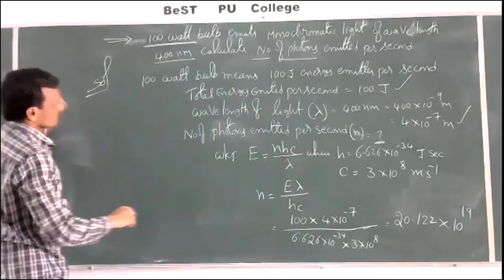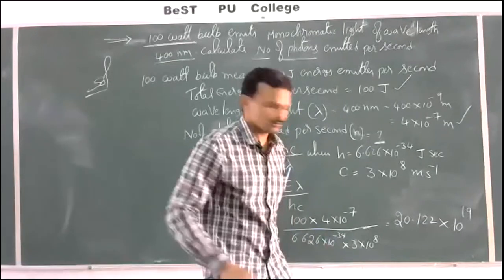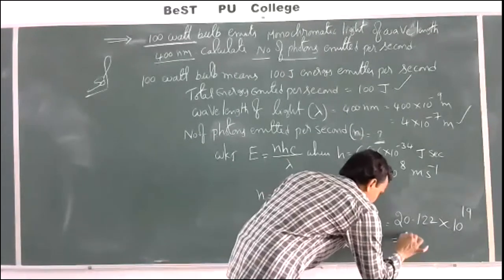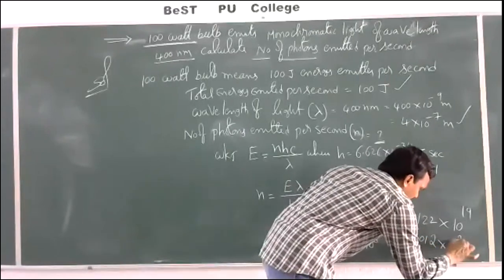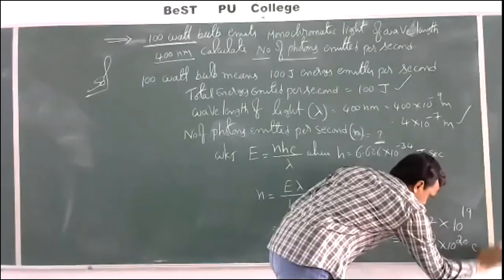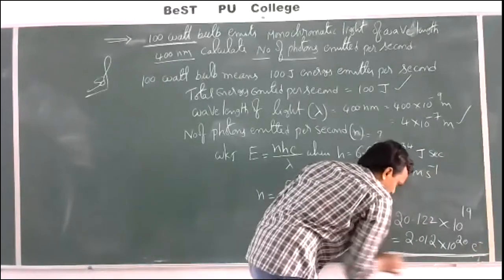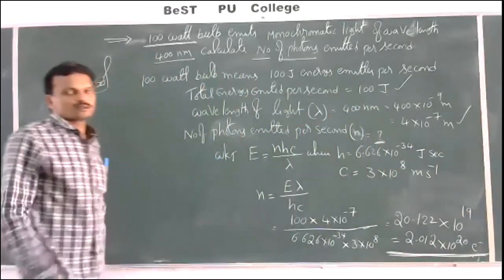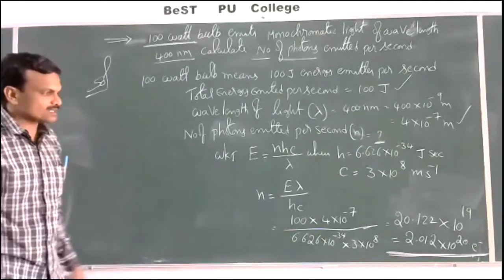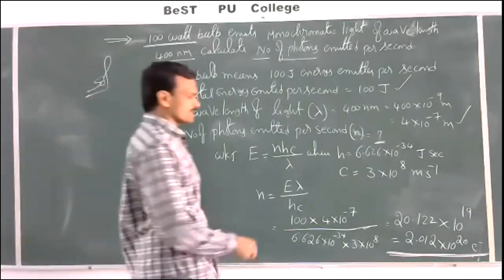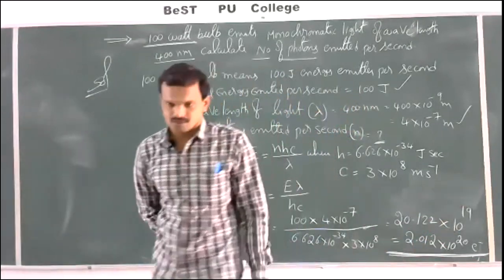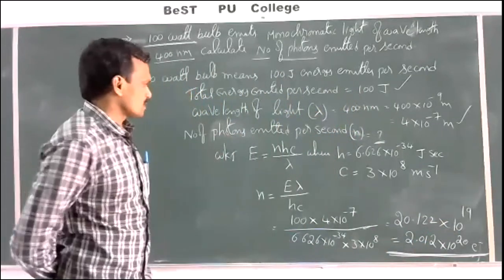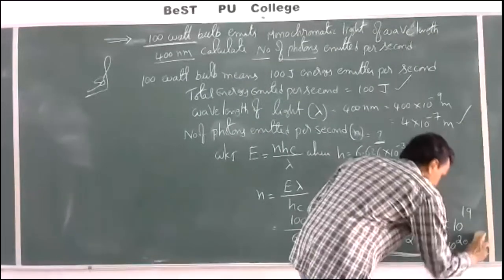All right, so 20.122, and this we can represent as 2.012 into 10 power 20. That's all. This is the value of n. So the number of photons that are emitted per 1 second is nothing but 2.012 into 10 power 20. Sorry, not electrons, these are photons.